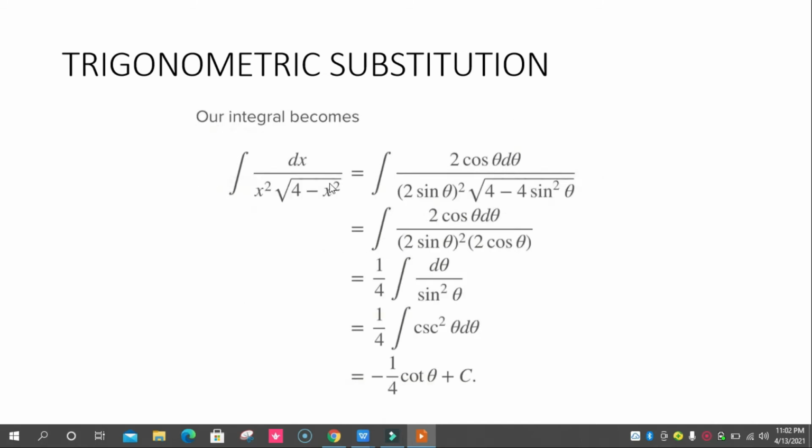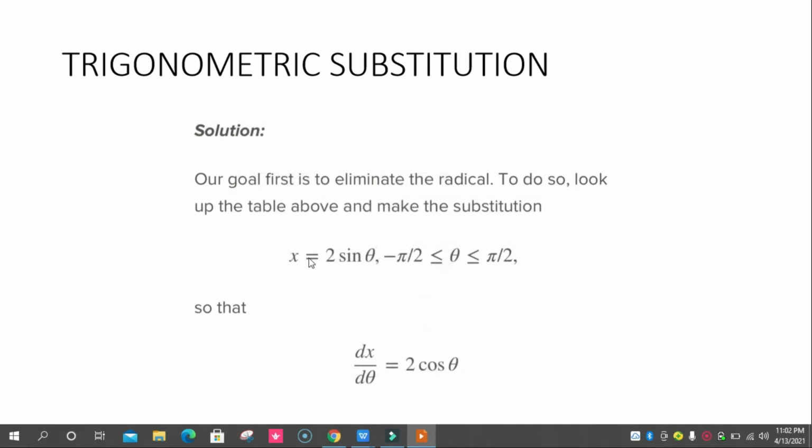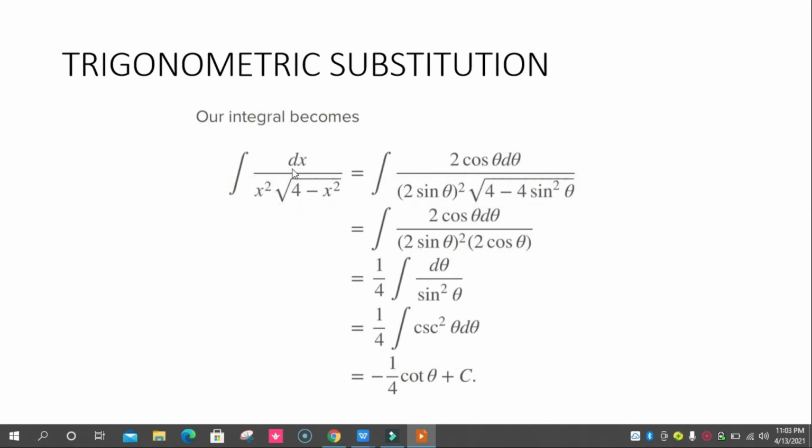After we find x equal to 2 sine theta and dx equal to 2 cosine theta d theta, we can substitute the values into this equation, where dx becomes 2 cosine theta d theta, and the denominator becomes 2 sine theta squared times the square root of 4 minus 4 sine squared theta. Then we can simplify this expression, which becomes 2 cosine theta d theta over 2 sine theta squared times 2 cosine theta.